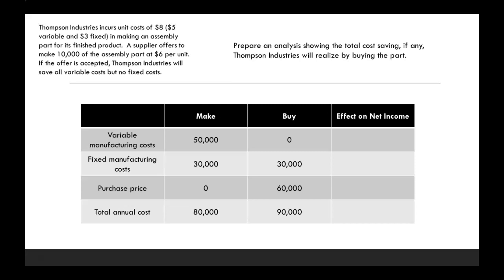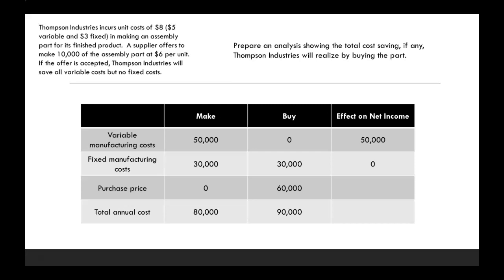So let's take a look at the effect on net income. So if we were to buy the product instead of make it, our net income based just on variable manufacturing costs would increase by 50,000 because we went from 50,000 as a cost down to 0. So our cost went down, so our net income would have gone up in that singular line.